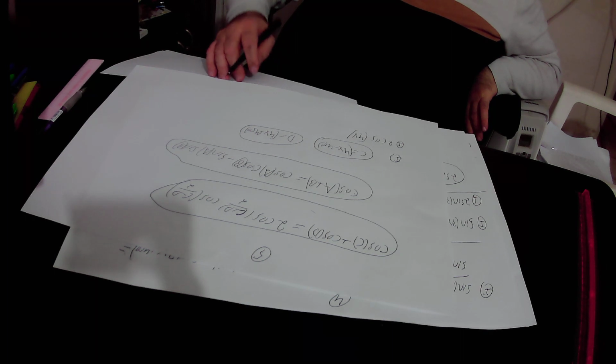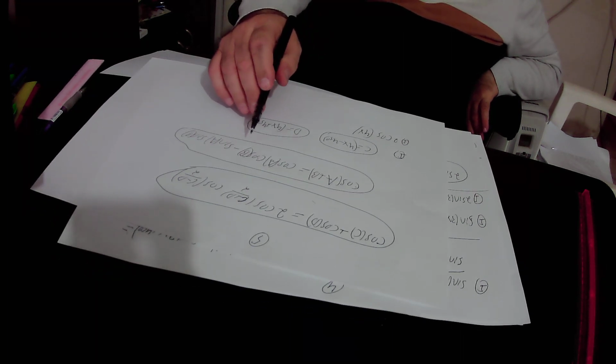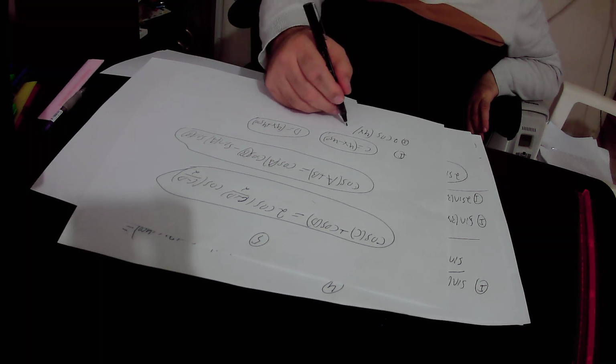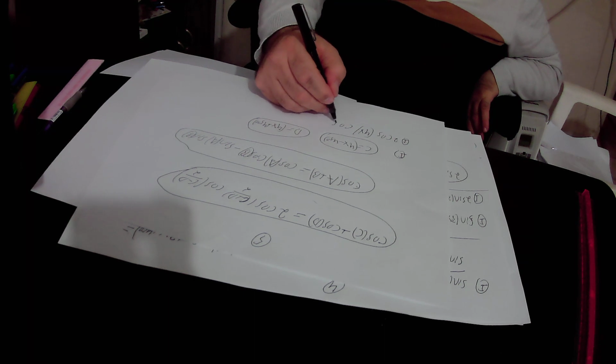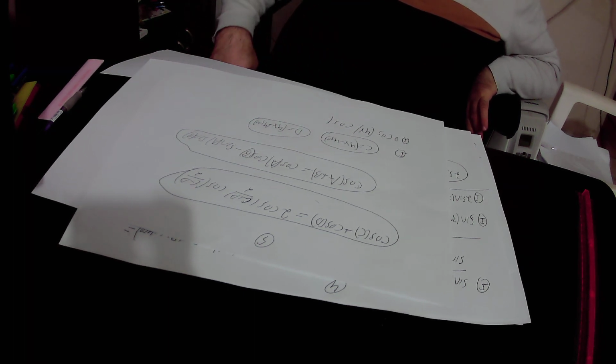Then, according to this trigonometric identity, we must also multiply our expression by cosine C minus D over 2. C minus D: 4x minus 4x is 0, and minus 45 degrees is minus 90 degrees, and minus 90 degrees over 2 is minus 45 degrees.